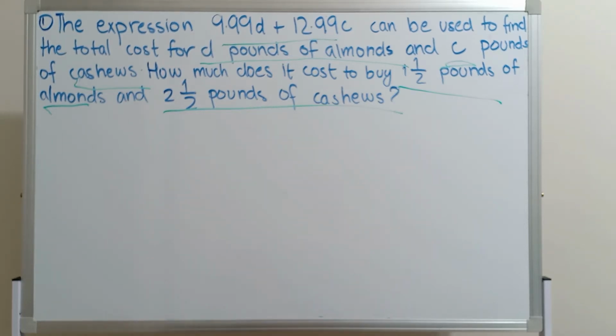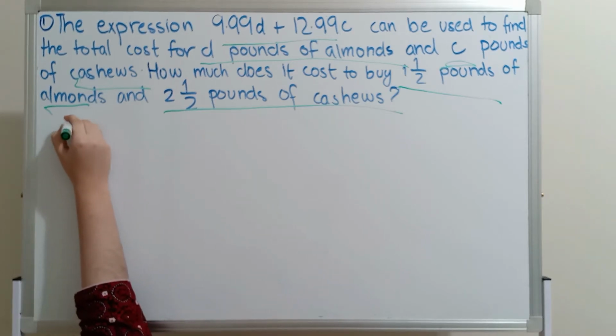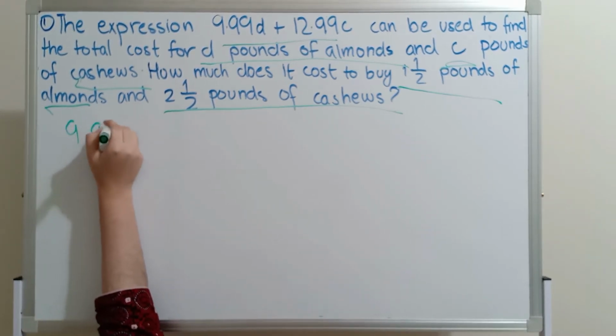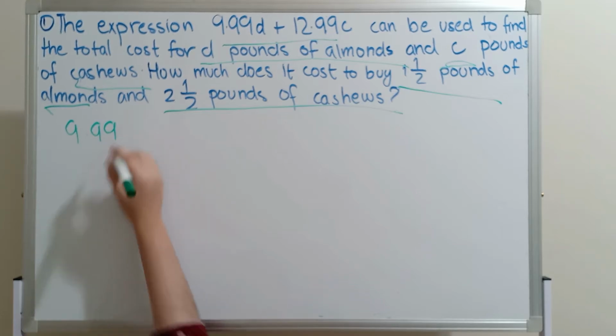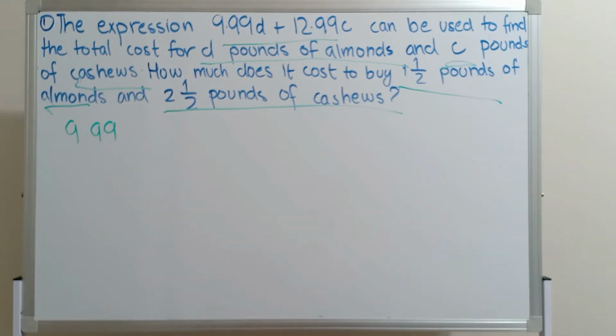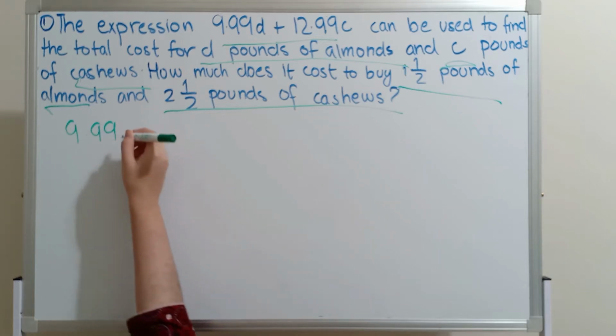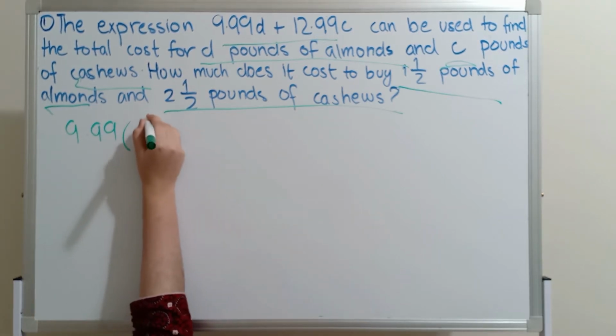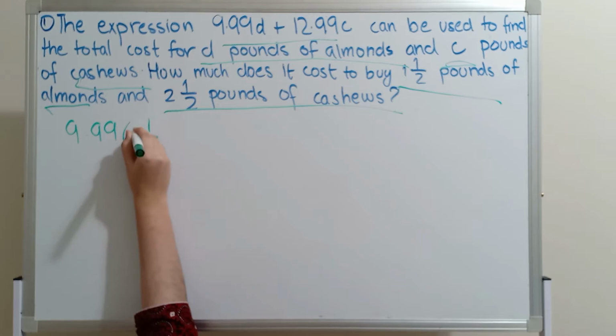So let's do this. First, we're going to rewrite the expression that we're given: 9.99D. We need to find the value for D. D is the pounds of almonds, and we are given 1 1/2, so we multiply by 1 1/2.